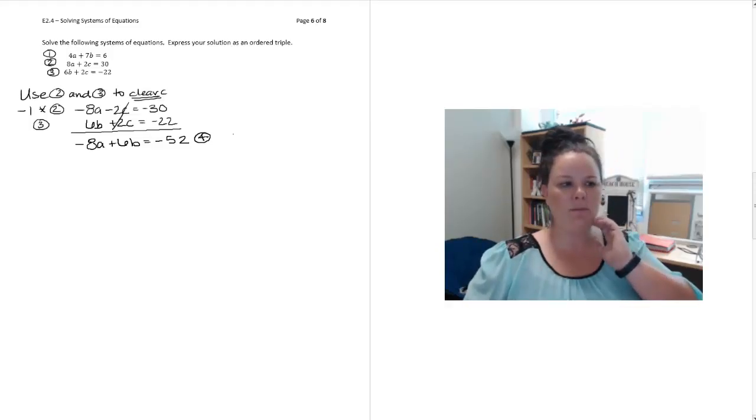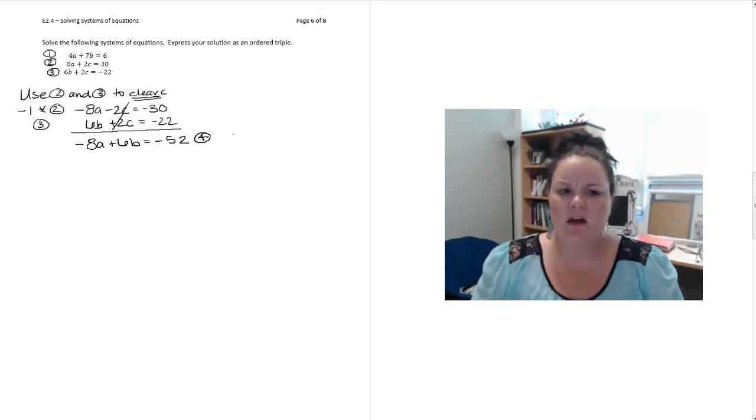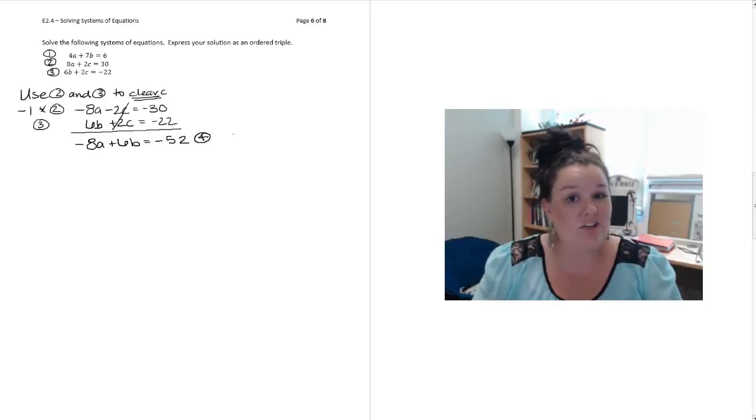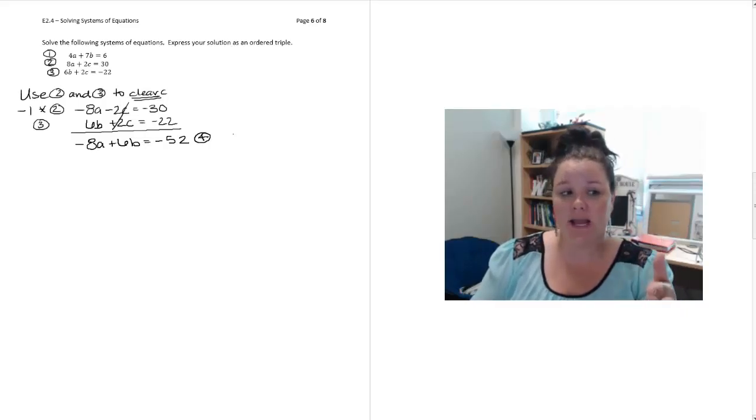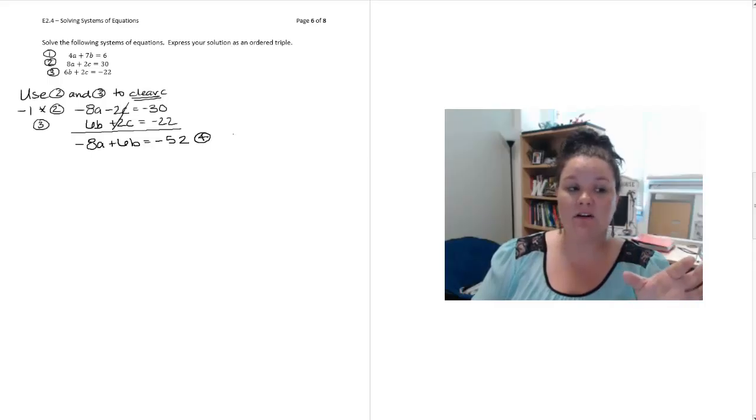Now, looking back up at the 3 equations I started with, 2 and 3 are the only equations that I can use to clear C, because they're the only 2 equations that have C. So I can't go through the process again, but notice that this 4th equation that we just created has an A term and a B term, right?